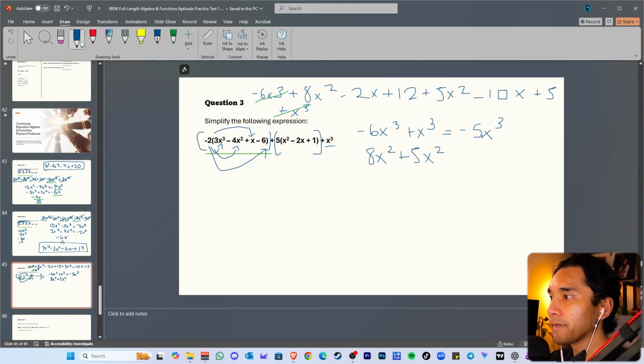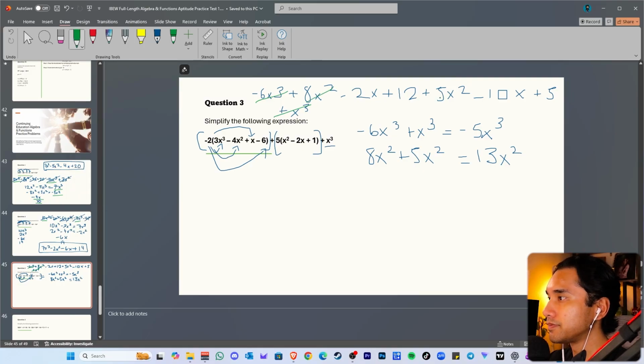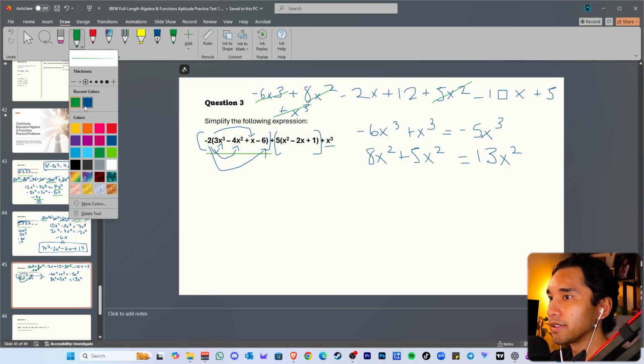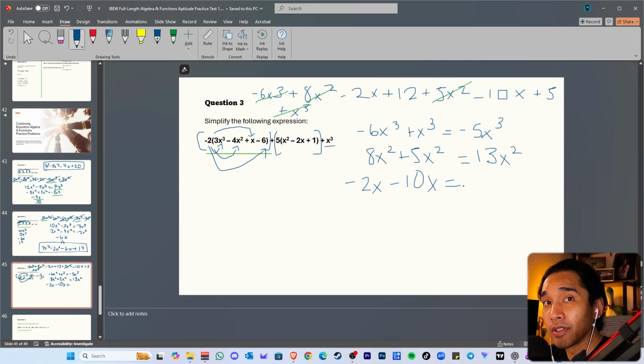No, there's not. So what does that equal? That equals 13x squared. And then again, we're going to cross it out. Okay, what's next? What's next is negative 2x minus 10x equals, I want you guys to solve that. I'll give you some time.